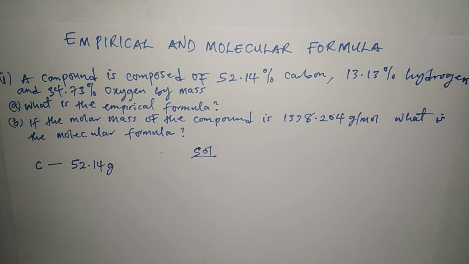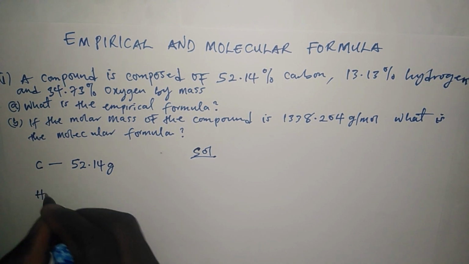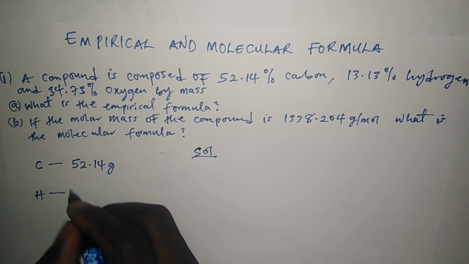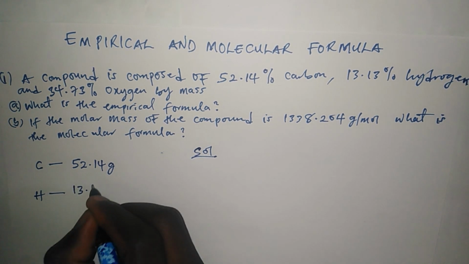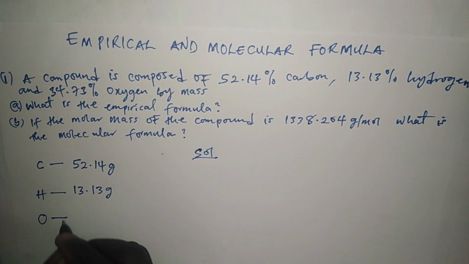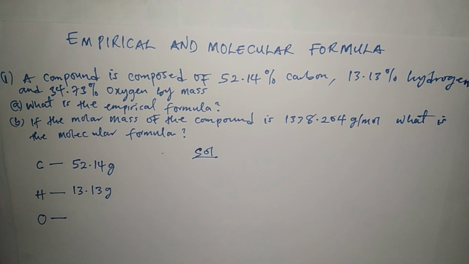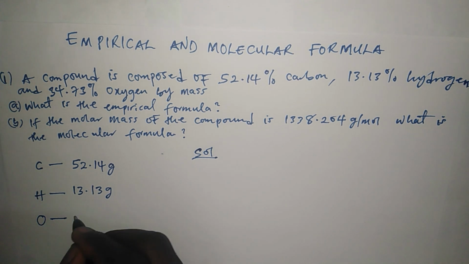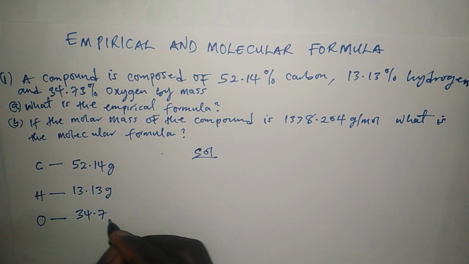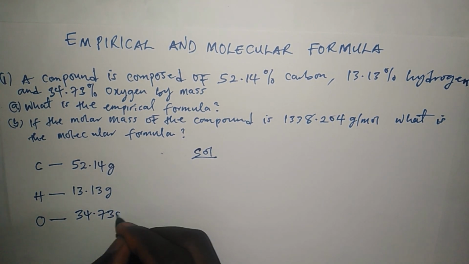Next, we have hydrogen. It has 13.13%, so you convert that straight to become 13.13 grams. Next, we have oxygen, and it has 34.73%. Therefore, we say it was 34.73 grams.